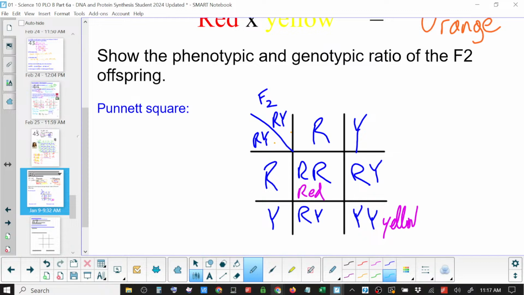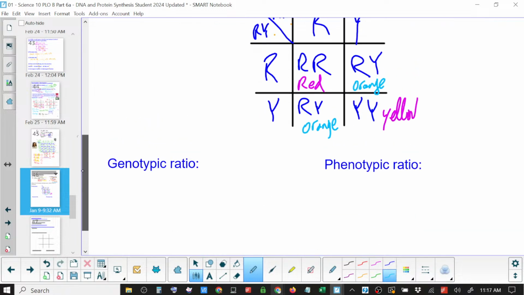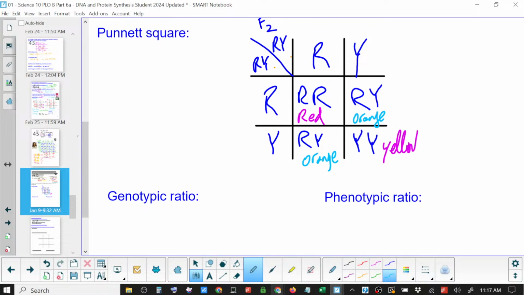It's a bit unfair, but I said it earlier if you were paying attention. It's orange. I've even written it in the wrong colors just to honor anybody who might happen to be colorblind. You should write it in red. Below, give the genotypic and phenotypic ratios then. Set them up.